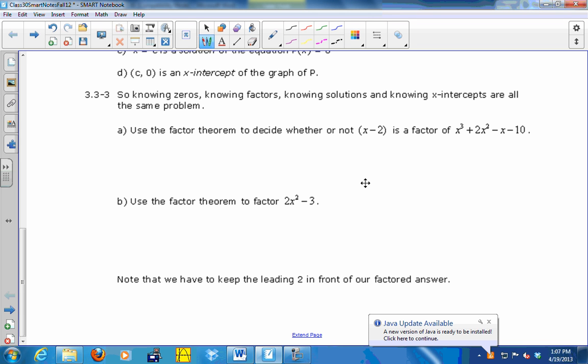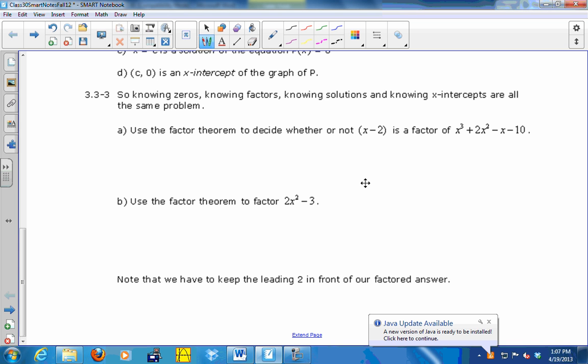It divides in evenly, or because 5 times 6 is 30, right? So that's how we know it's a factor. To know if x minus 2 is a factor directly, we'd ask whether x minus 2 goes into this cubic polynomial evenly, and we don't know how to divide polynomials yet.